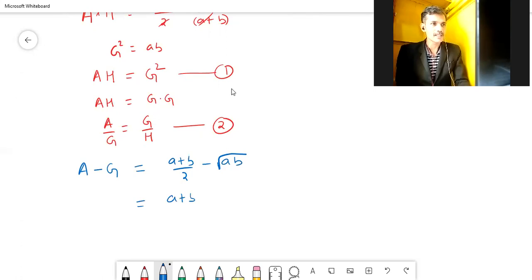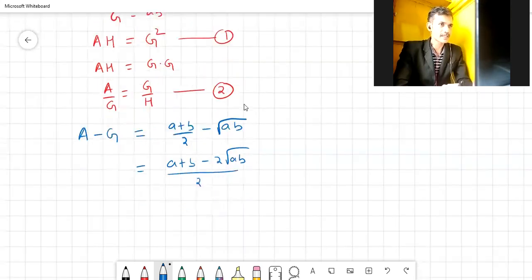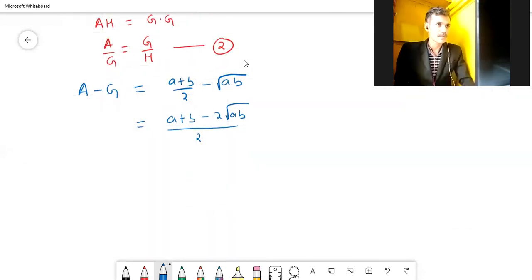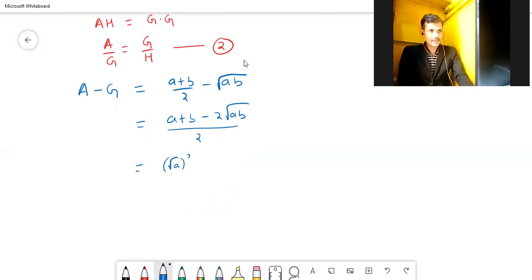A plus B minus twice square root of AB, by 2. So we can simplify this further. What I will do now? I will write this as square root of A whole square, this one square root of B whole square, minus 2 into square root of A into square root of B.